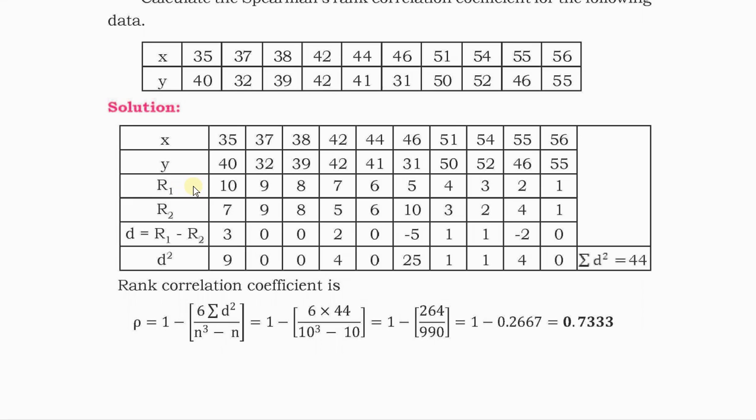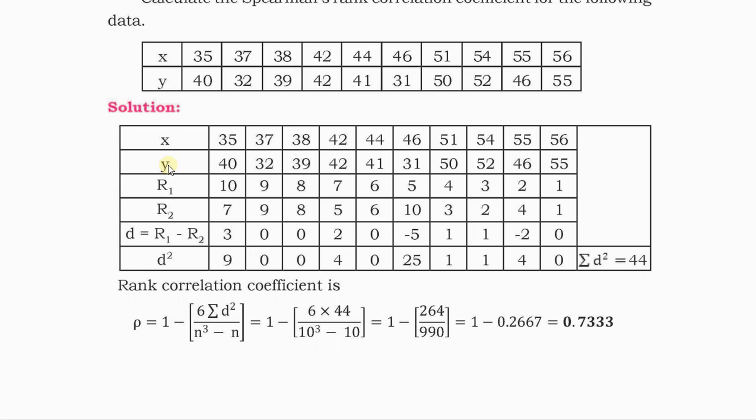We can rank the lowest value in the variable as the first rank and the highest value as the last rank, or vice versa. We can give the highest value as the first rank and the lowest value as the last rank. Whatever order you follow for x, the same order should also be followed for y.